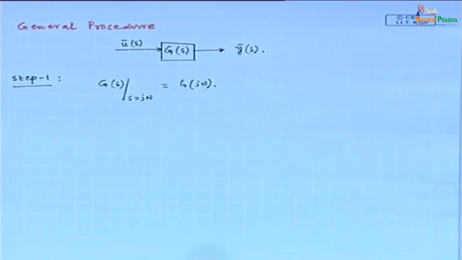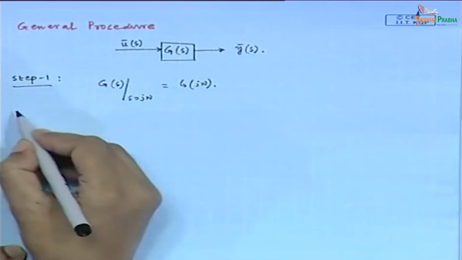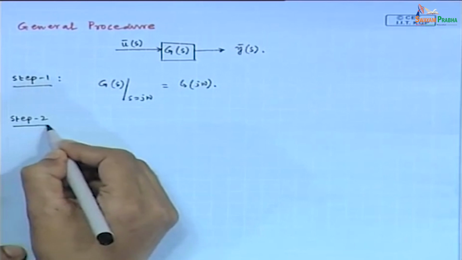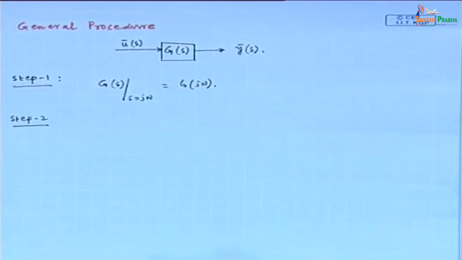This is step 1. Substitute s equals j omega and find the frequency response transfer function. In the next step, represent this frequency response transfer function in Cartesian form.